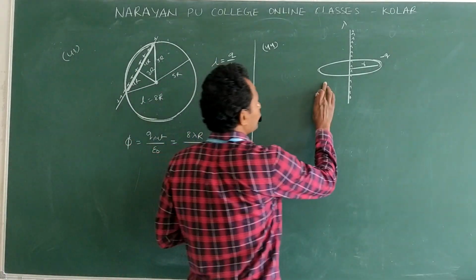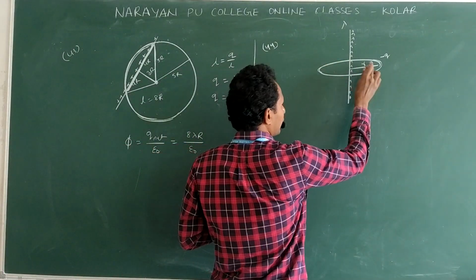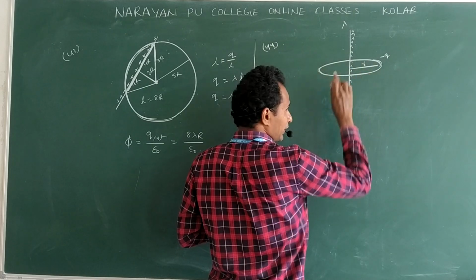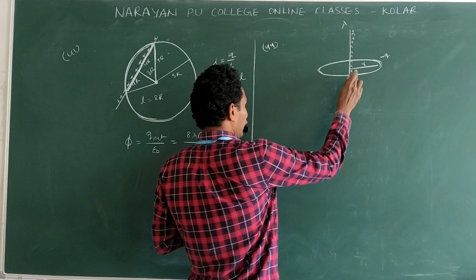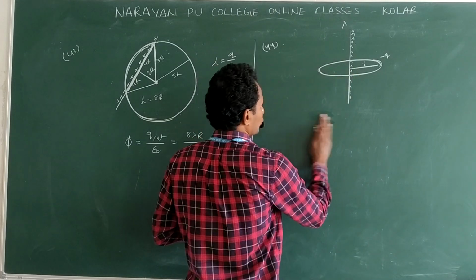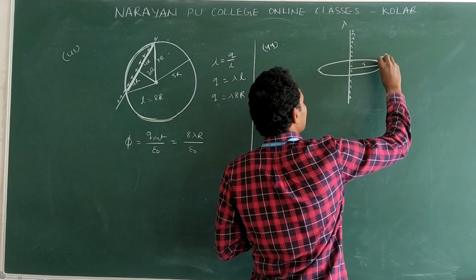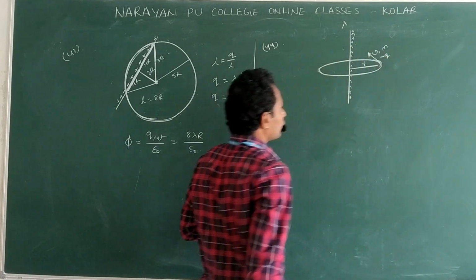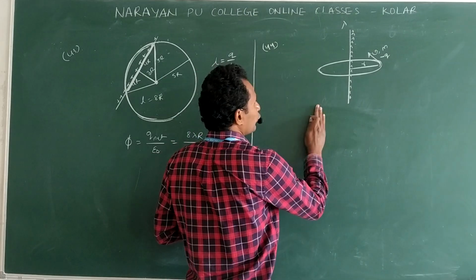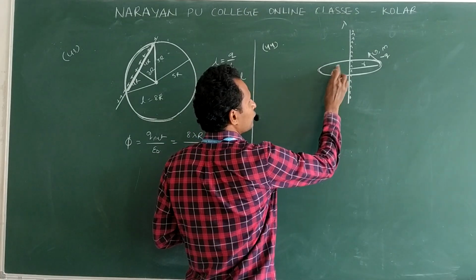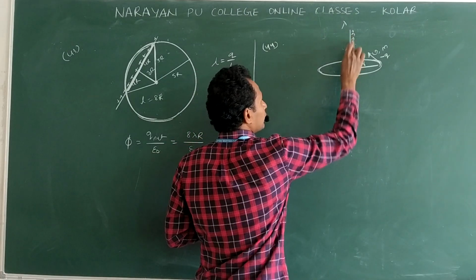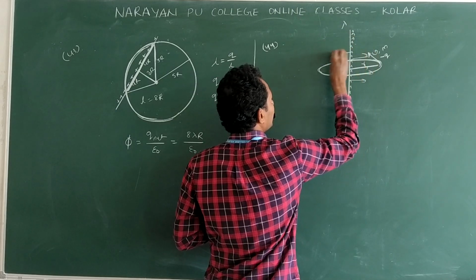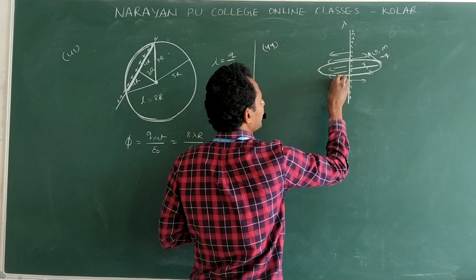So here also the electrostatic force provides the centripetal force for the circular motion. Suppose let us say it is moving with velocity v, mass m. Clear? Then the electrostatic force is here. The charged particle develops an electric field like this, so the charged particle is revolving in an electric field.